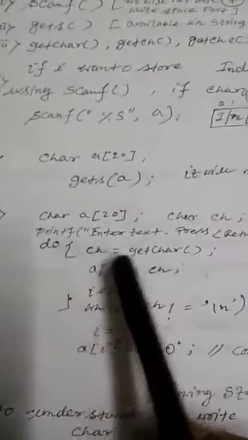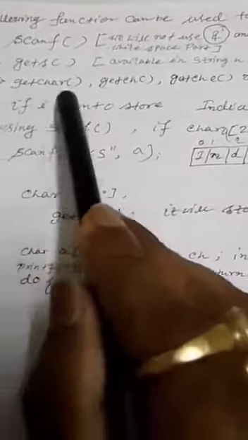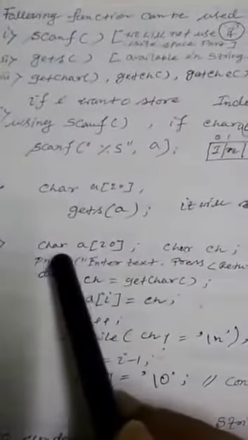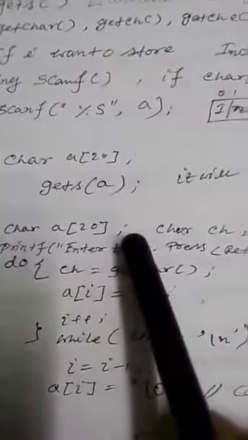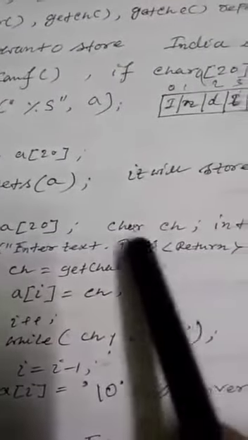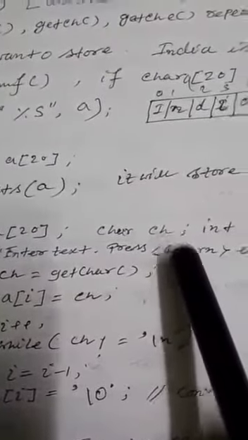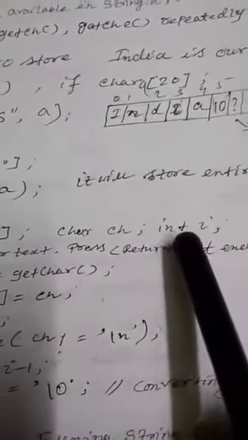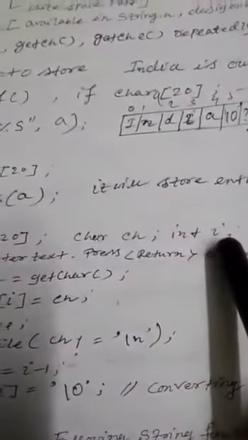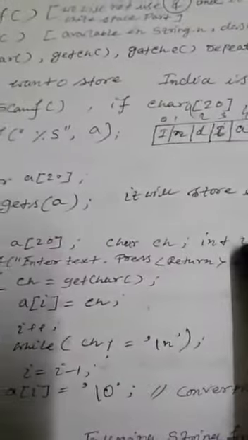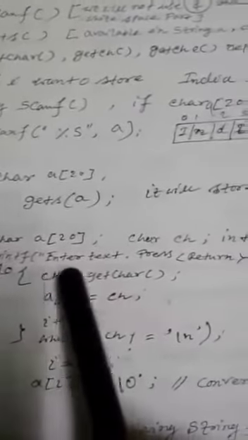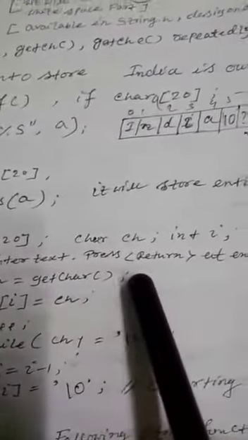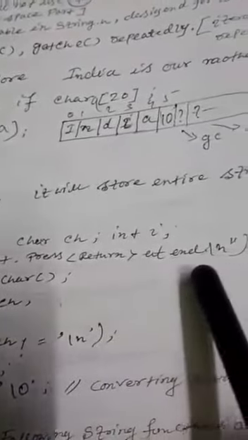Now what about the functions getchar and getch? They need repetition. Here a char array of size 20 has been declared. Another variable of character type is taken, and a counter is required to iterate the loop, so i has been taken, initialized to 0. Now, enter text and press return at the end.